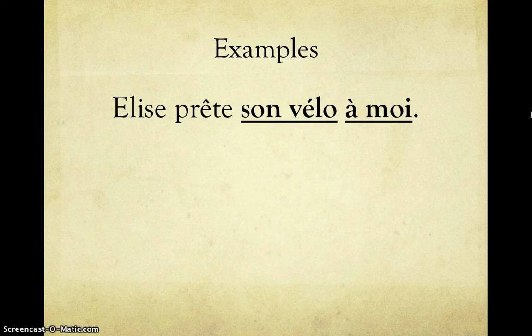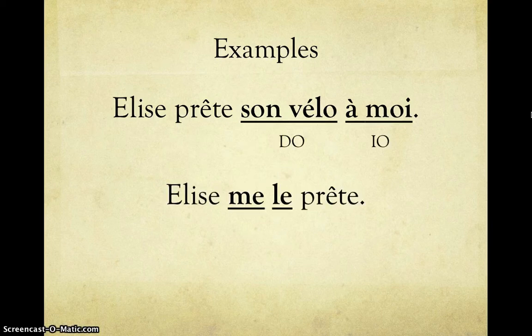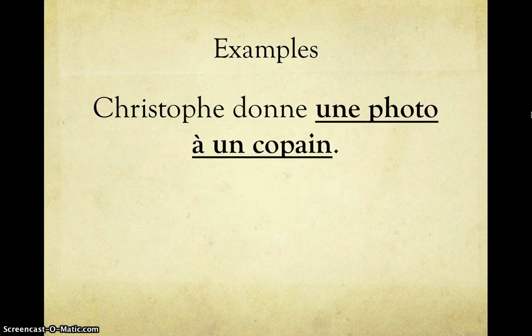So let's look at some examples. Élise prête son vélo à moi. If we replace both the direct object noun and the indirect object noun with the IOP and DOP, we get the sentence Élise me le prête. Same here.